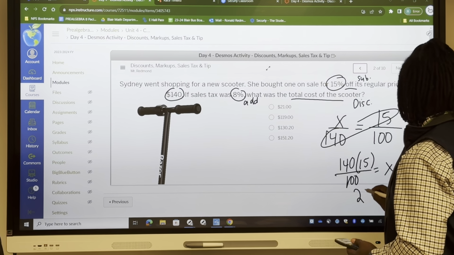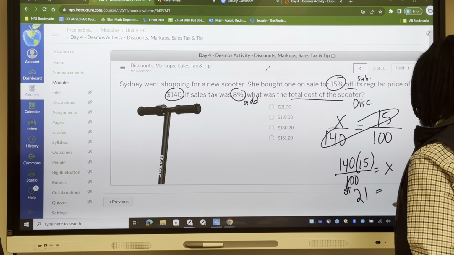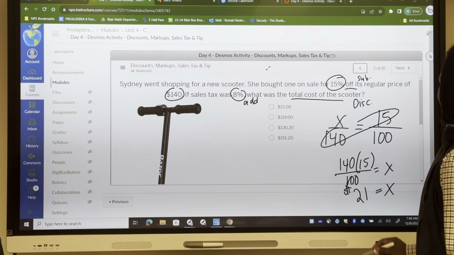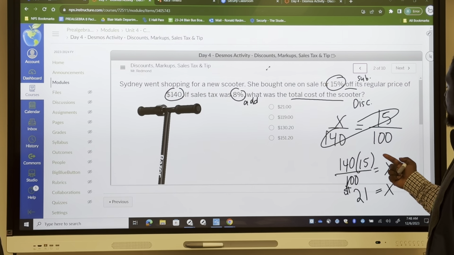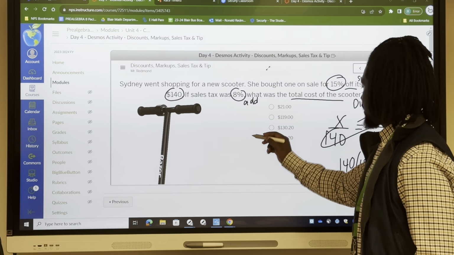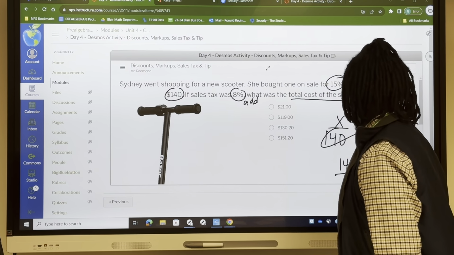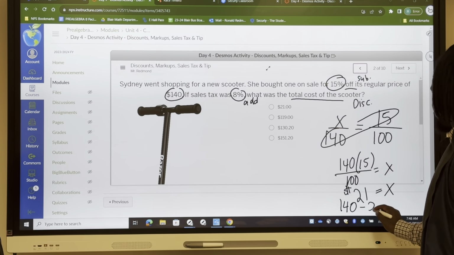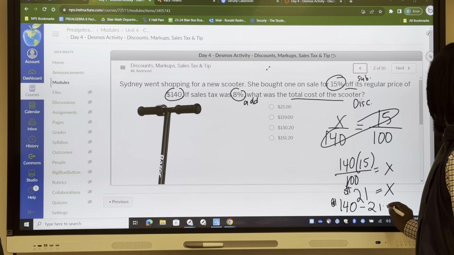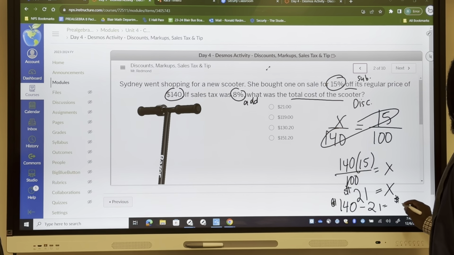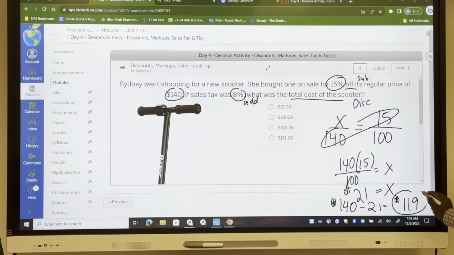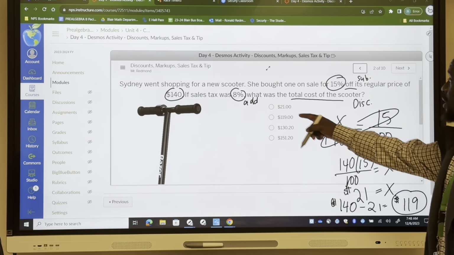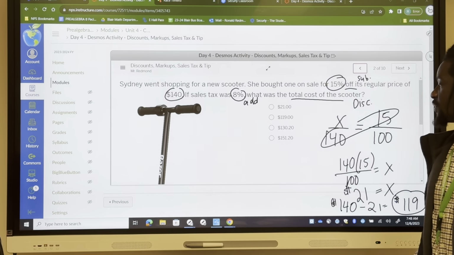All right, so that's $21, okay? And then I'm gonna take the 21, so that's the discount, and I'm gonna subtract that, because again, this is the discount we subtract, so 140 minus 21, that's gonna give me 119, okay? Now, this is the new amount that we're gonna use to figure out the sales tax.